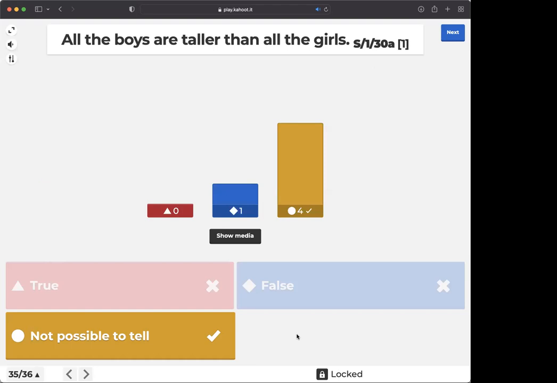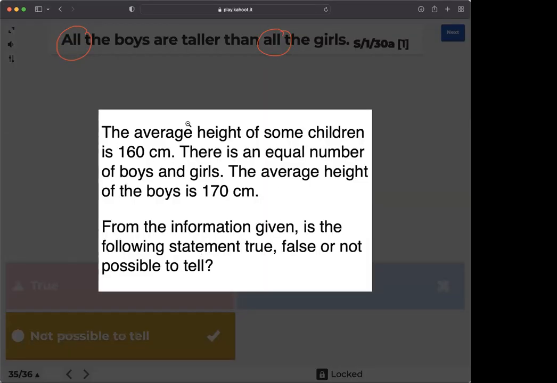Okay, the keyword here is all the boys are taller than all the girls. Okay, based on this statement, yes, the boys average is 170, but there can be boys that can be very short.